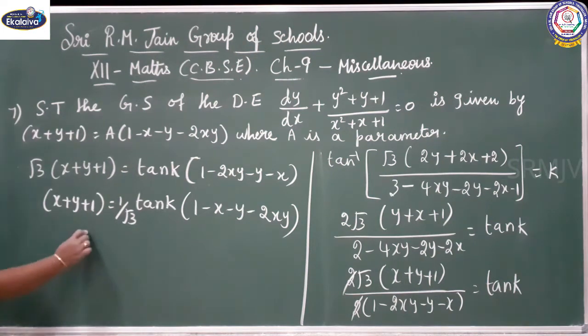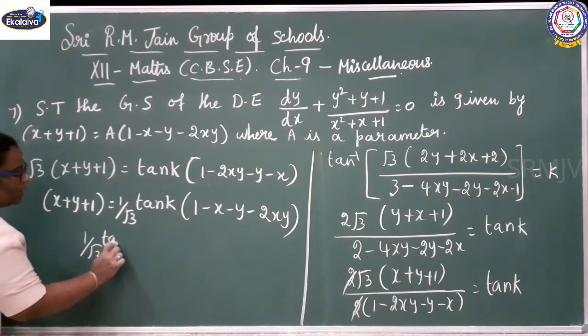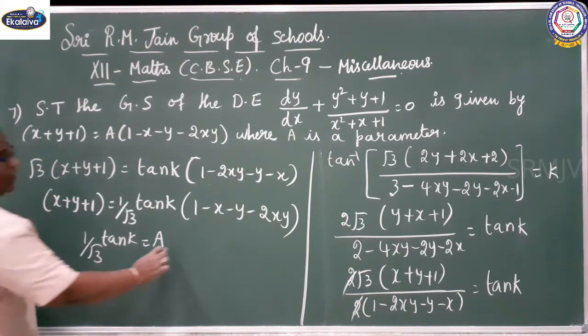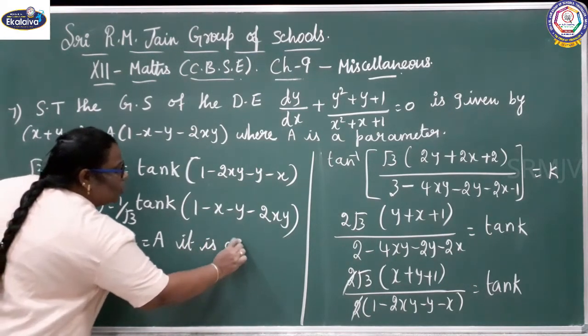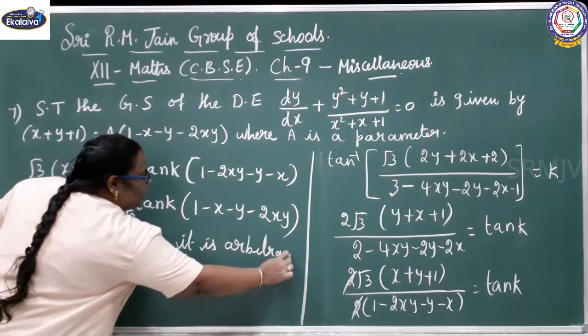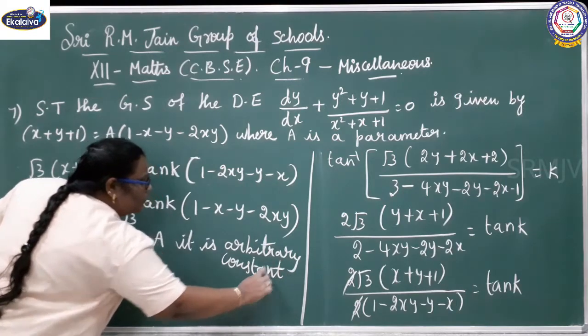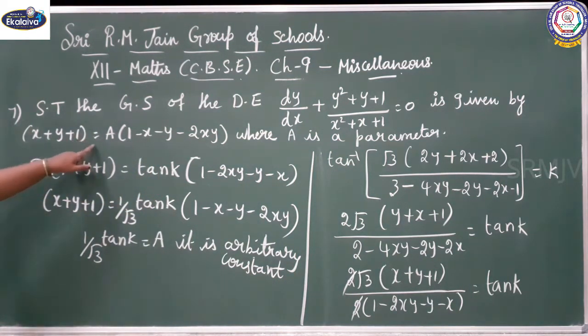So now you can assume 1 by root 3 tan k equal to a, because it is an arbitrary constant, it is a parameter, so you can assume it. Because the proof is given in such a way, you can take it as 1 by root 3 tan k equal to a.